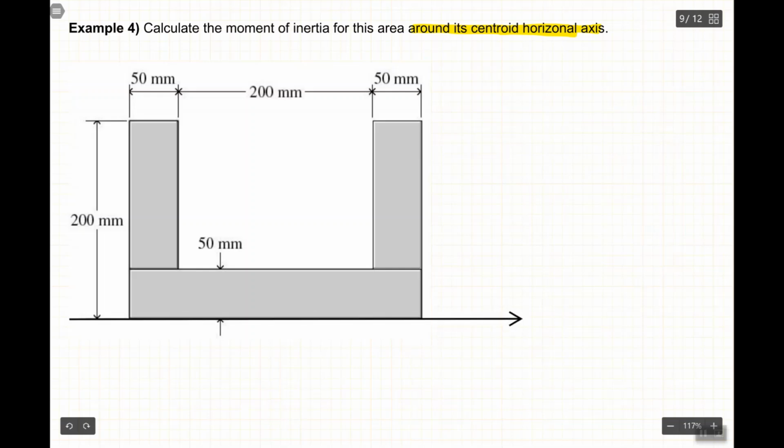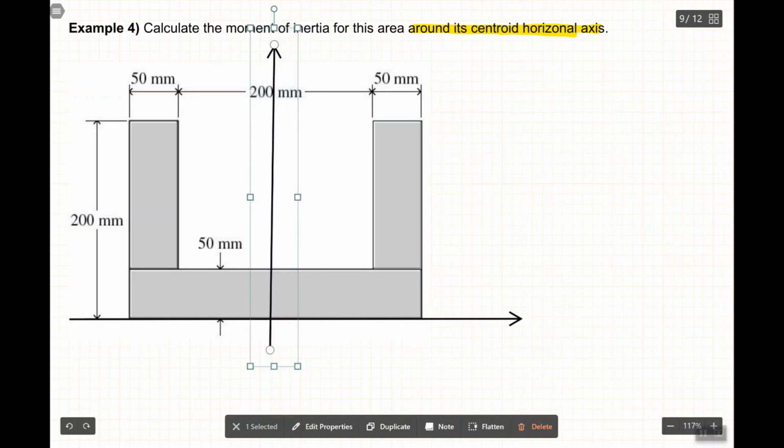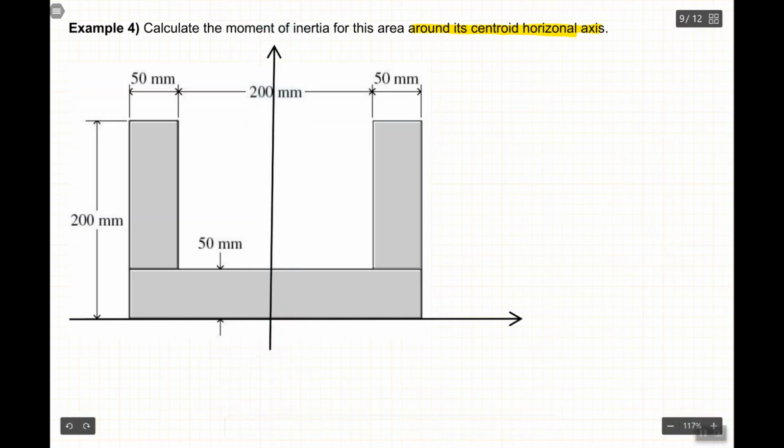So it's up to us, but I prefer to pick a coordinate that its y-axis is passing through this symmetric line, because it makes my calculation sort of easier. So I guess I need to move it a little bit to the left, approximately. Okay, so we can accept that it is a symmetric line, right? So I call this one x and this one I call it y.